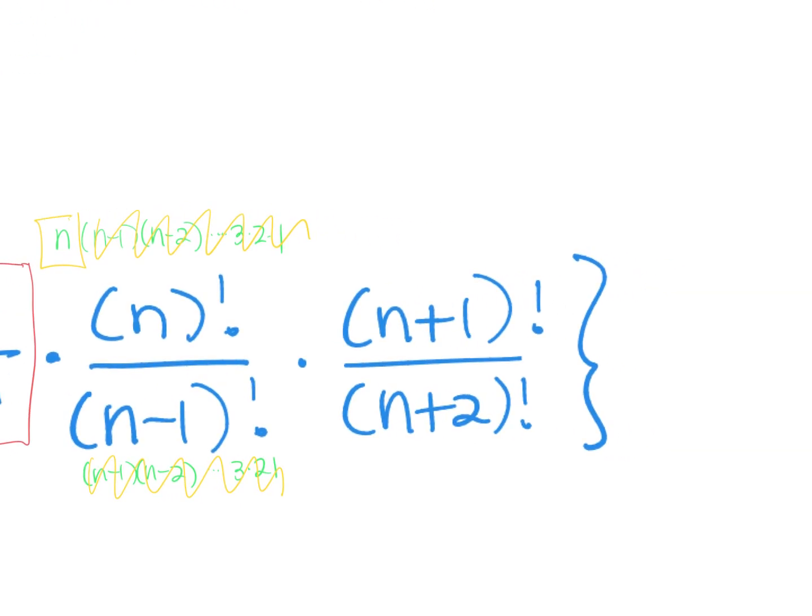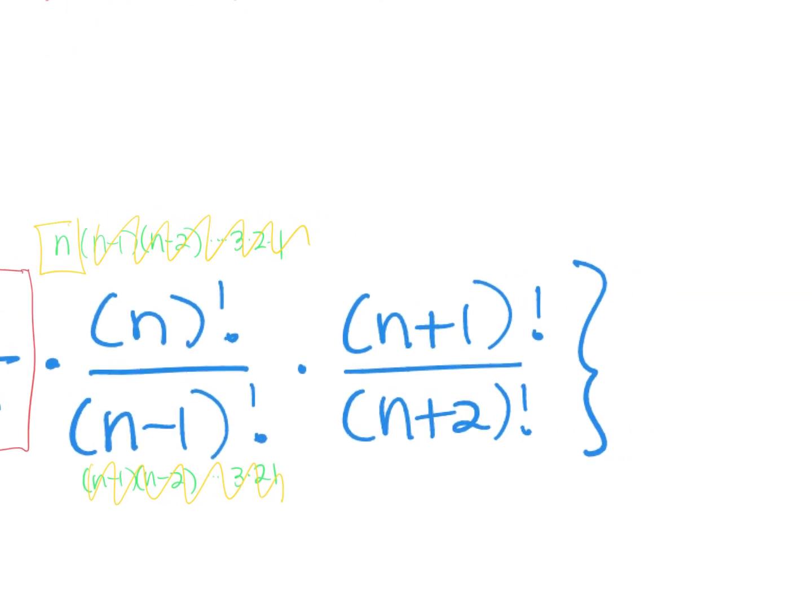Okay, for this second one, so Jonathan, as you're looking at the last set of factorials, which one of those is longer? N plus 2. Okay, and what's the term it's longer by? It's going to reduce to 1 over n plus 2. You're exactly right.